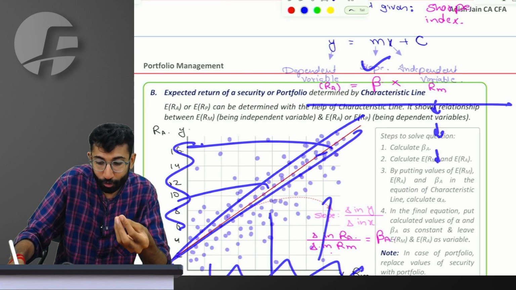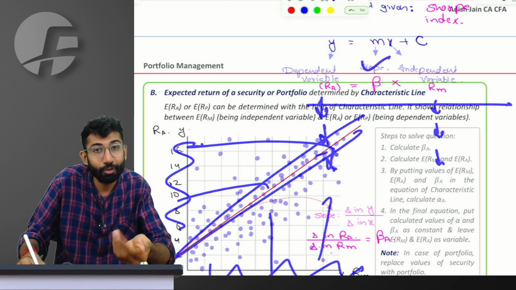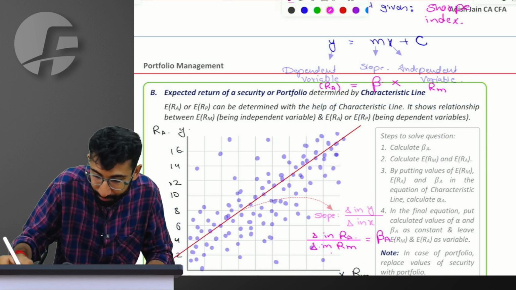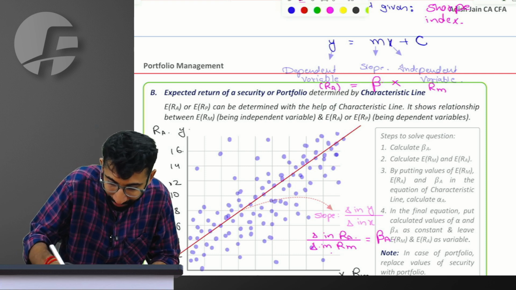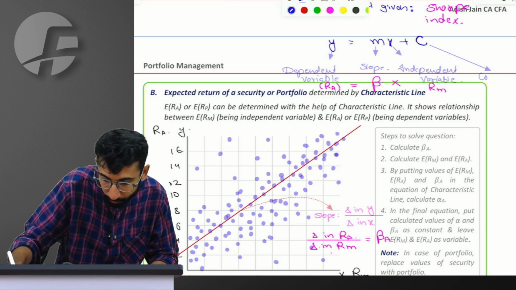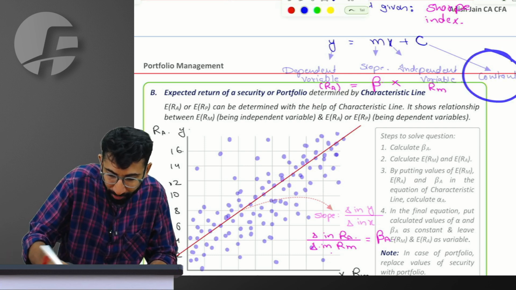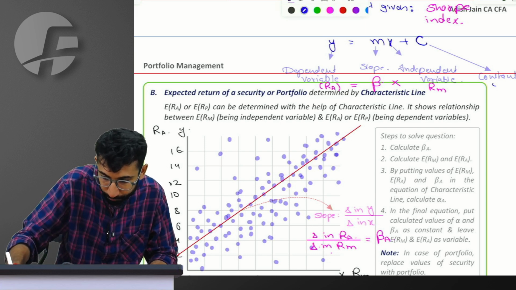As the return of market varies, the return of security you will automatically get, right? And last is plus this C. I remember my teacher used to teach me as constant, or intercept term.